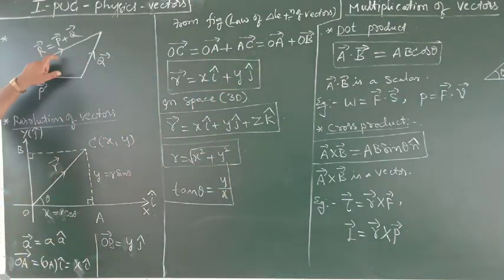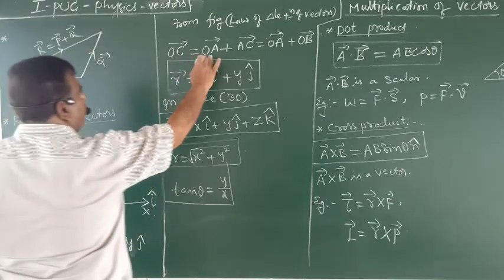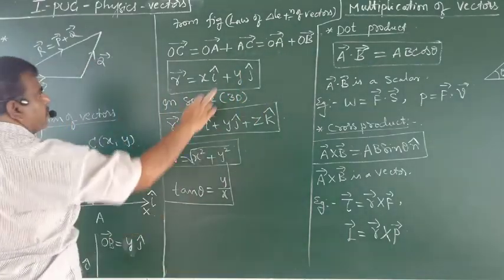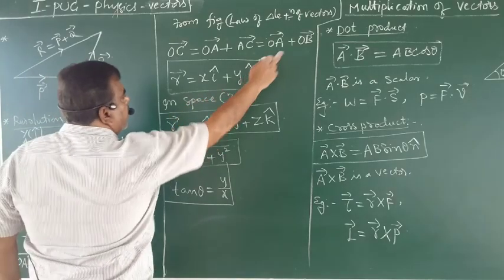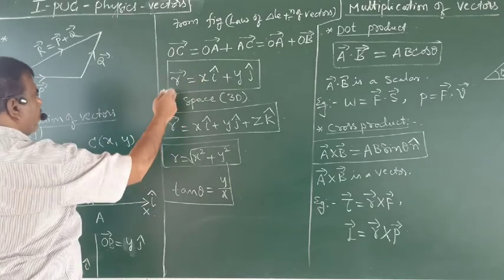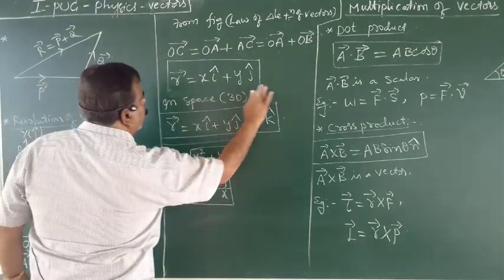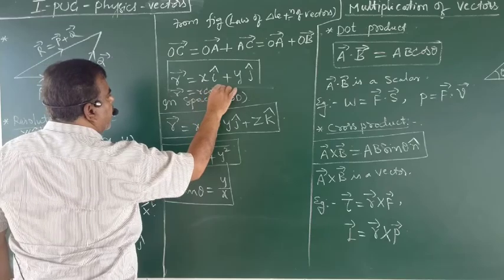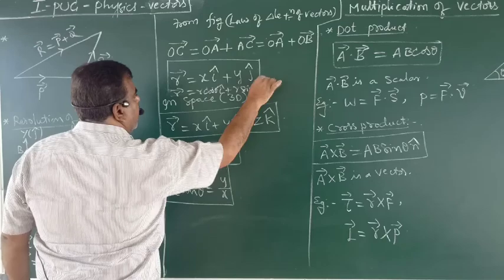This is according to the law of triangle of vector addition. If I substitute for OA and OB, since AC is equivalent to OB, OA is x into i cap and OB is y into j cap. Substituting for x and y, I will get the vector R as R cos theta into i cap plus R sin theta into j cap.